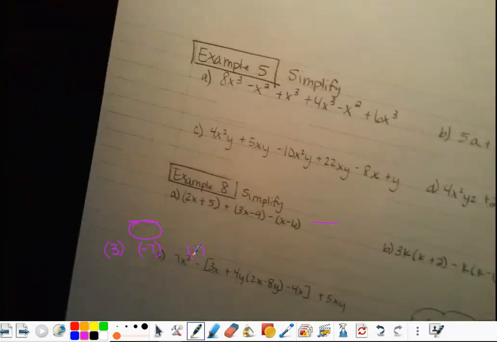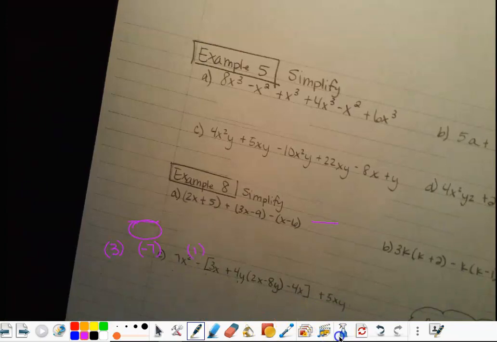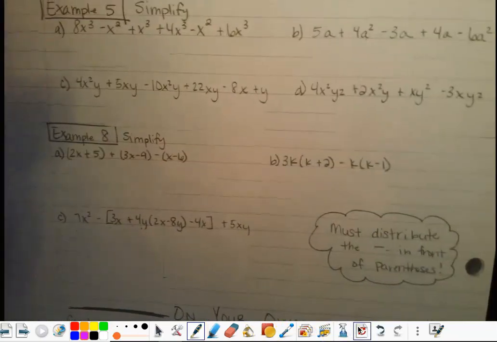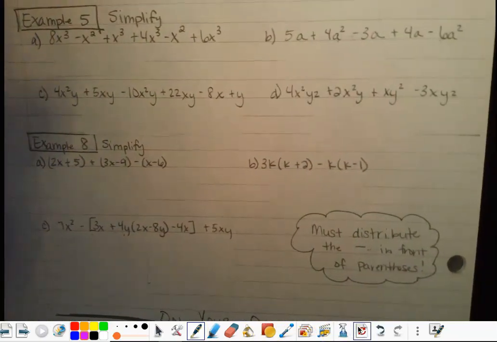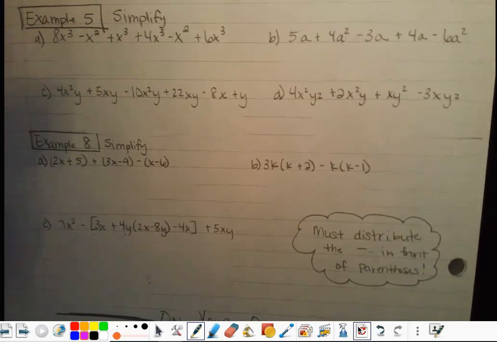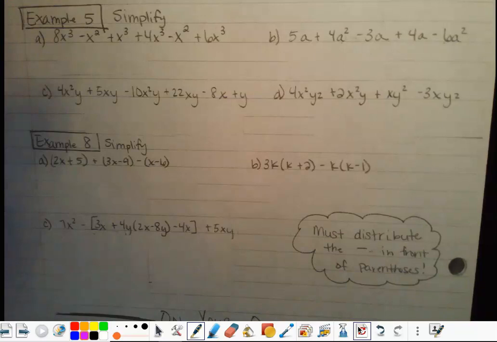All right, flip over to the back and let's simplify some more. Look at all those like terms. It's so exciting. Okay, so let's look for like terms first. We have 8x cubed minus x squared, plus x cubed plus 4x cubed minus x squared plus 6x cubed.